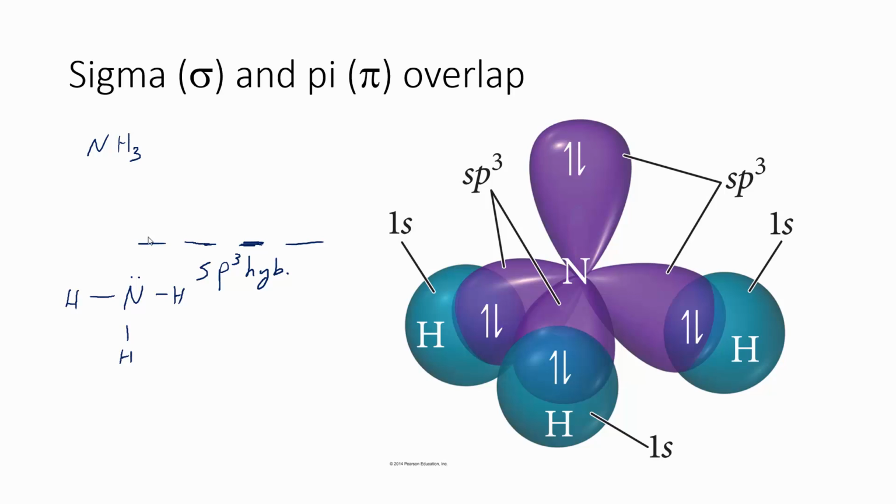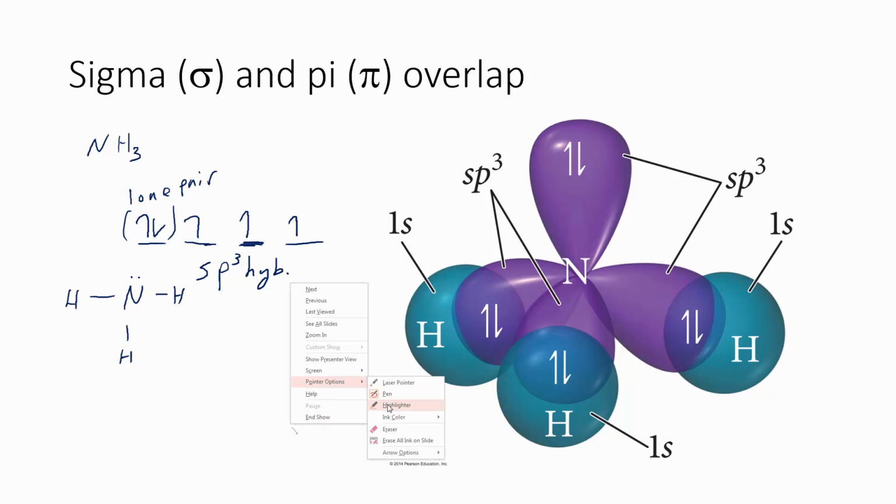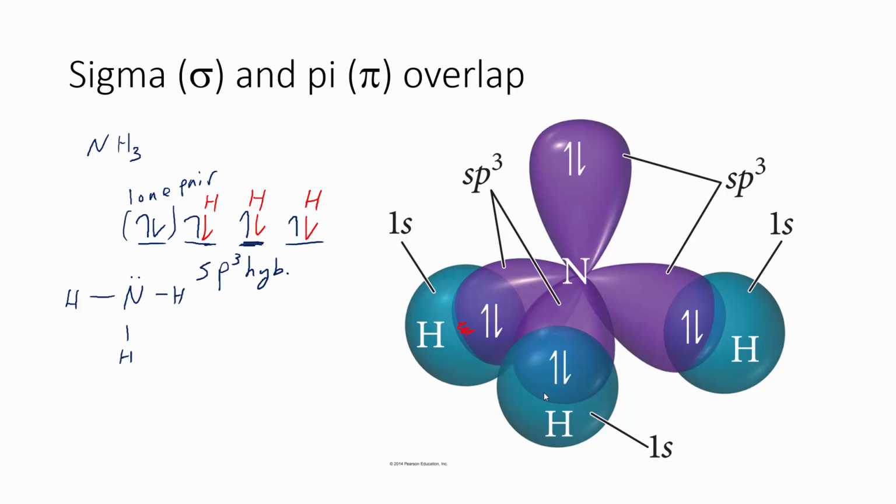And in those, we put nitrogen's electrons, with its lone pair of electrons in one spot. So here we have the lone pair. And then hydrogen again can come in and bond by overlap in 3 different positions, here, here, and here, where a sp3 orbital and a 1s orbital form a covalent overlapping bond.